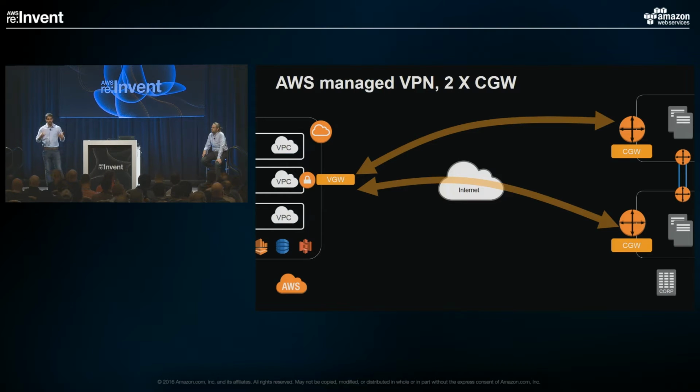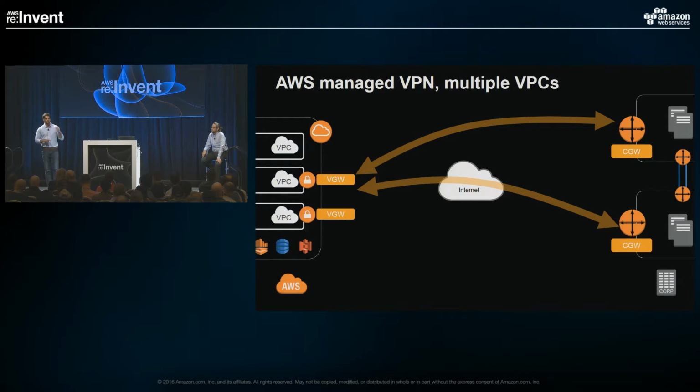So now we know what's involved with creating a highly available VPN connection to a single VPC. Now, to create a connection to the second VPC, we repeat the exact same steps. If you remember, we mentioned that a virtual private gateway is a resource unique to a VPC.